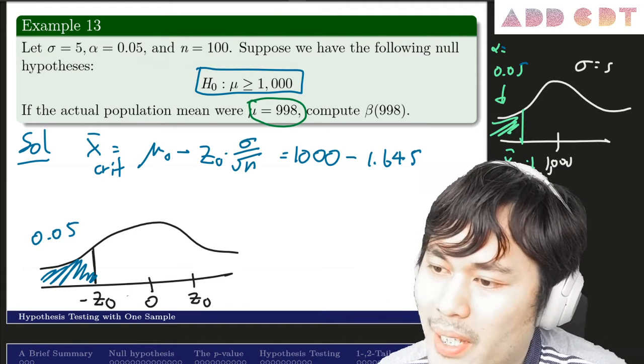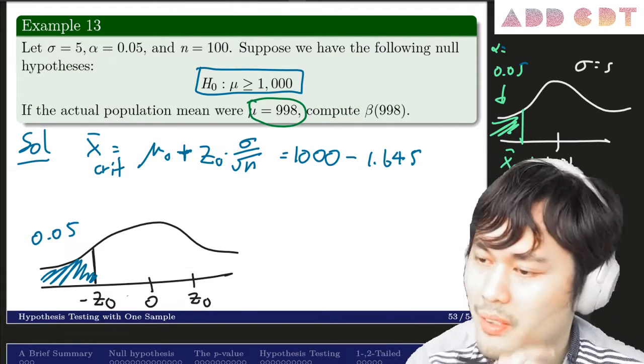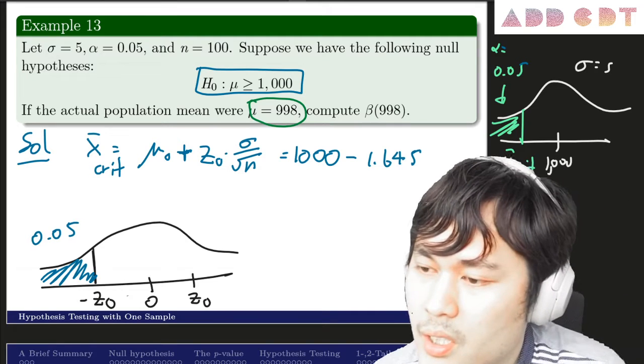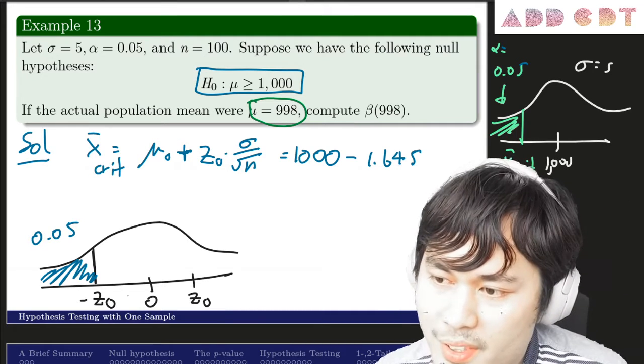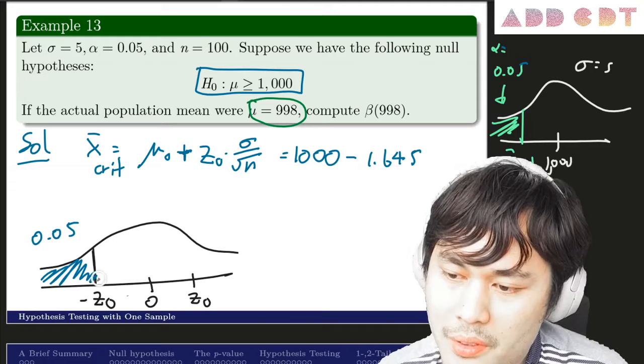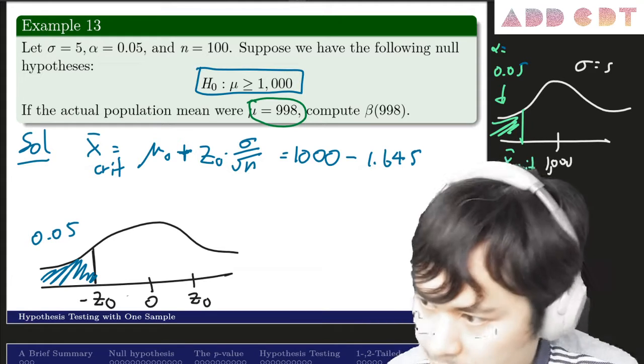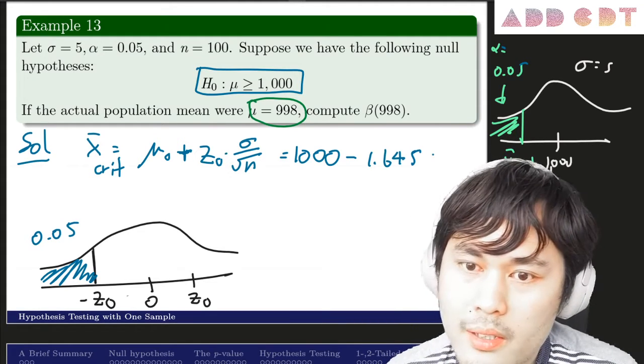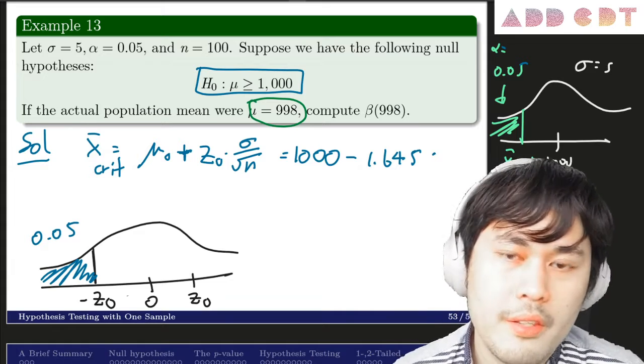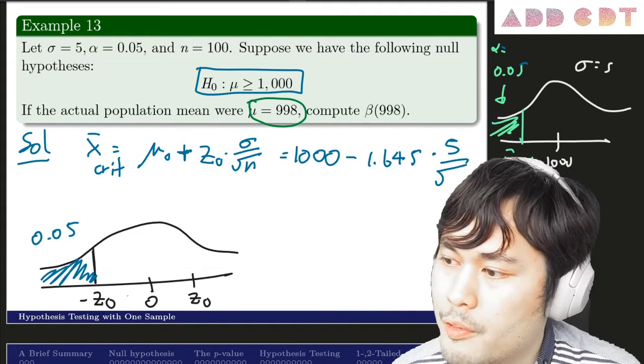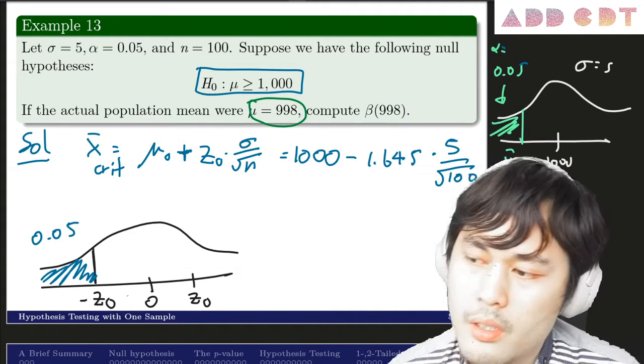That's why I don't like statistics textbooks, because they change. That should be plus, but that z0 is to the left, so it's minus. So sigma is given, it's 5, and the square root of n is the square root of 100.